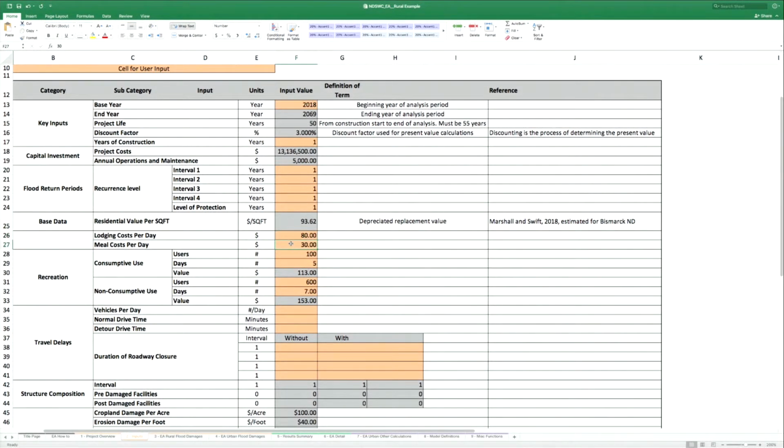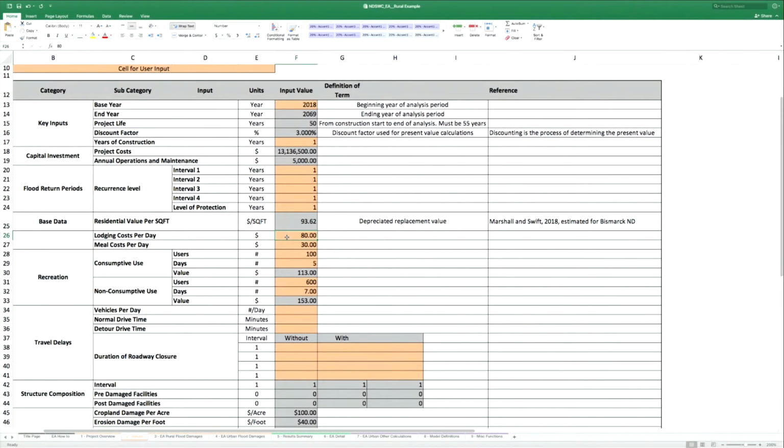Yeah, so these are actually just starting values. Those are related to displacement costs that are really on the urban model. They're just in here as a starting point. The source is the U.S. Department of GSA. They have published values for per diem rates for lodging and meals.